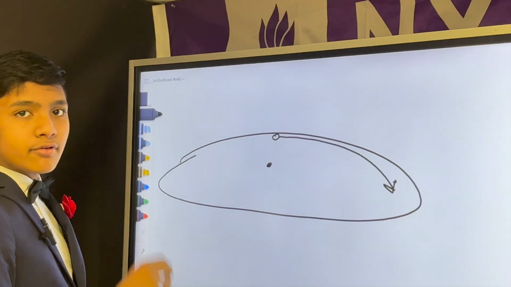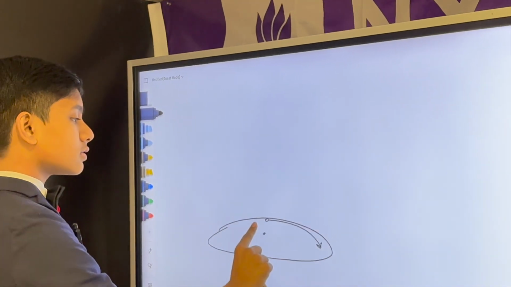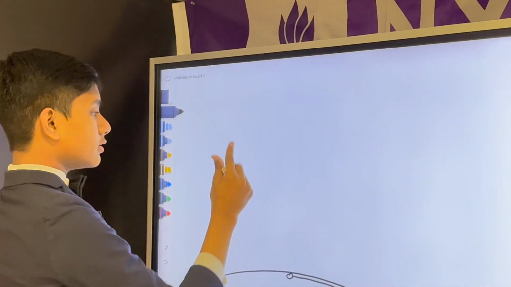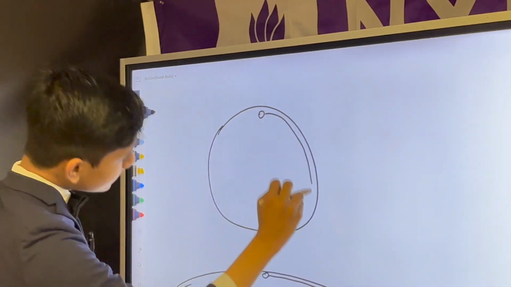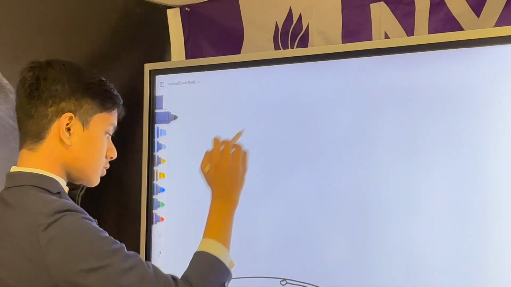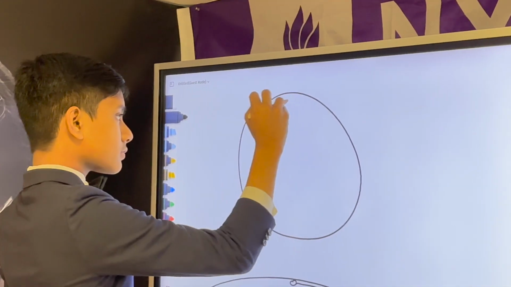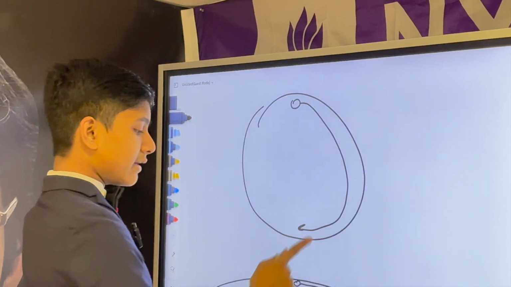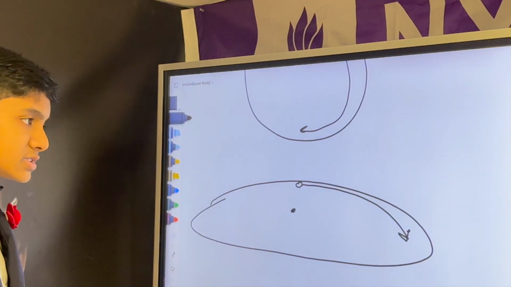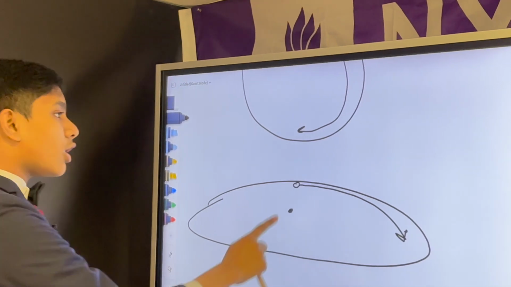So let's say we have a rotating disk, and you have this view that's rotating with the disk, and then you have this view which is just looking from the side. It's not rotating with the disk at all.